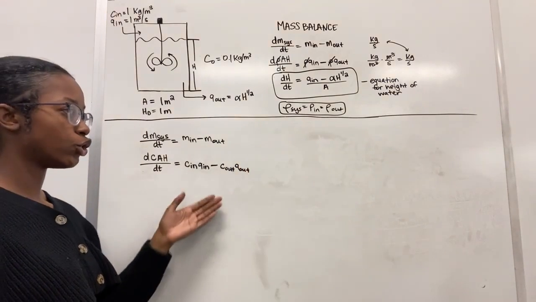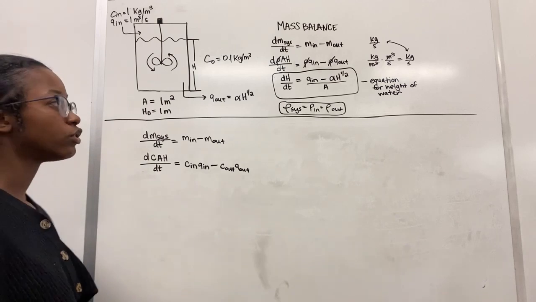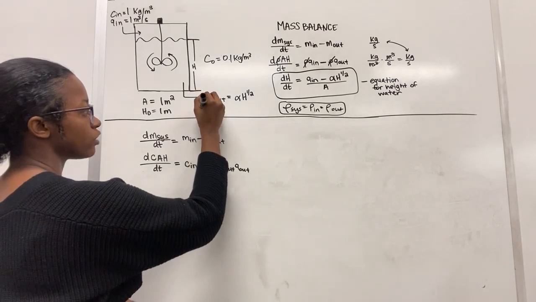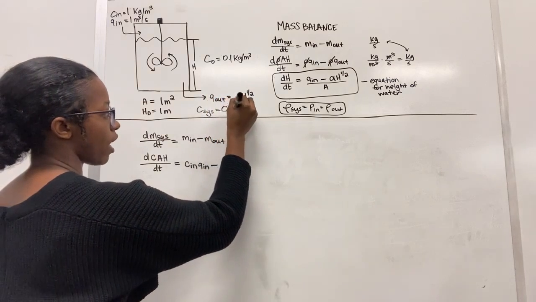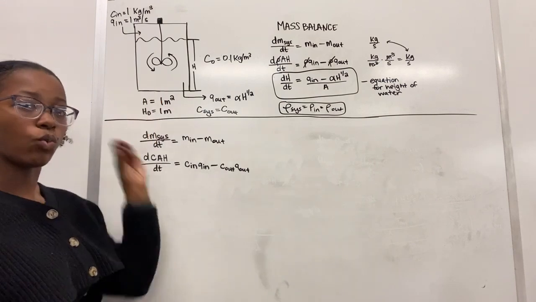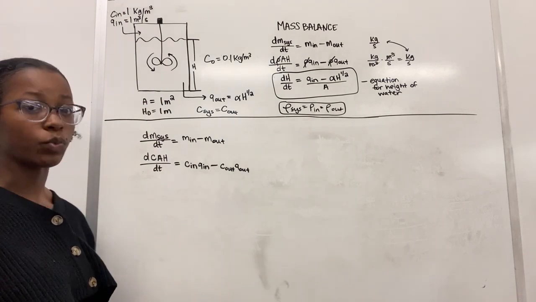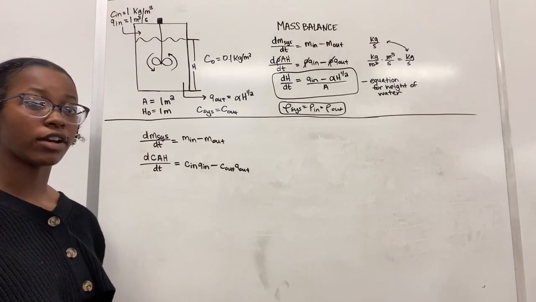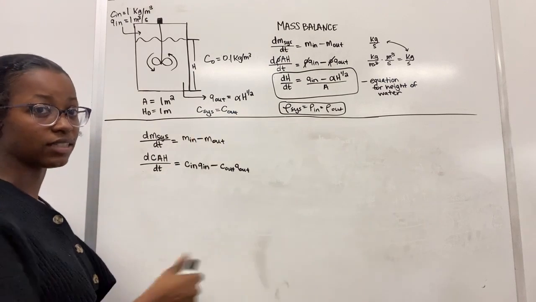And even though we don't have the concentration going out listed, we can assume that the concentration of the system is equal to the concentration going out. The reason that we can assume that is because, again, this water in the tank is perfectly stirred. That did not change. Even though we added a solute to the water, it's still perfectly stirred, so it'll be consistent as it leaves the system.